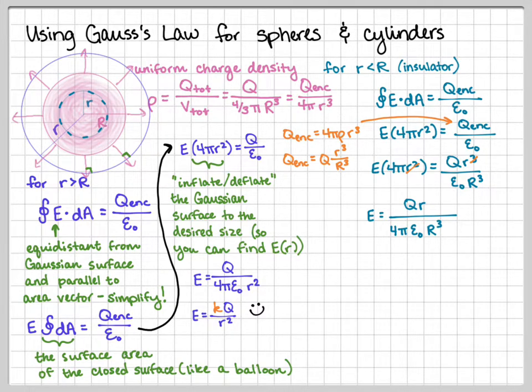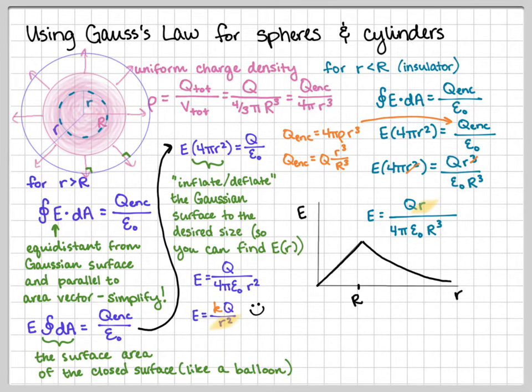I want you to take a look at the equation we got for the electric field outside and inside. The variable that we would be changing would be little r. So when we're outside, we have an inverse square relationship between electric field and distance away from the center of the charge. But when we're inside, we've got a direct relationship.